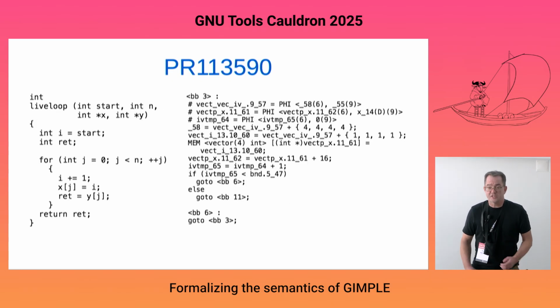And my final example here is this loop. After IV optimizations and so on, we get the thing on the right. If you look at variable 58 at the top, it calculates the IV for the next iteration.